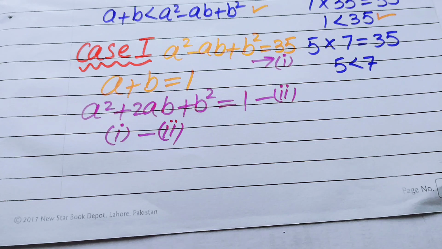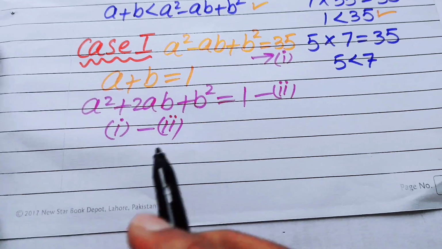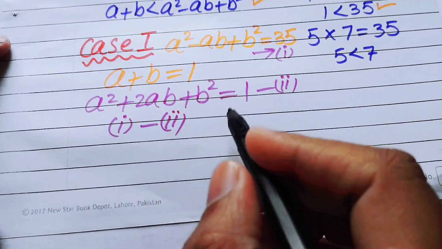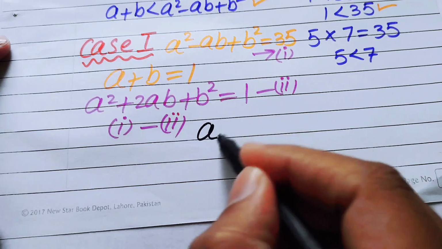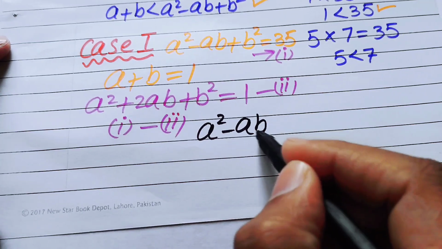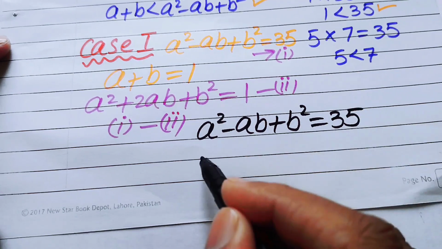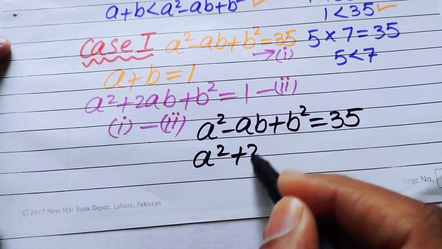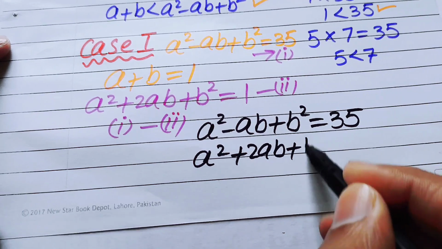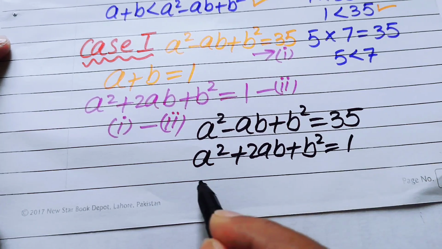Equation number 1 is a squared minus ab plus b squared equals 35, and equation number 2 is a squared plus 2ab plus b squared equals 1.